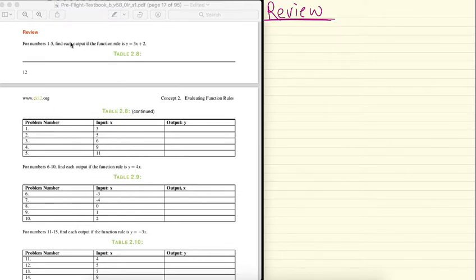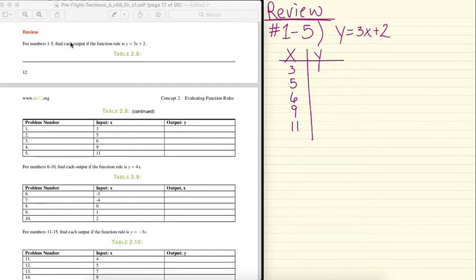I know it looks a little different formatting-wise than you might expect, but problem numbers 1 through 5 are really looking at this input-output table, where we're using input or x values of 3, 5, 6, 9, and 11. And it wants us to use the function rule of y equals 3x plus 2.